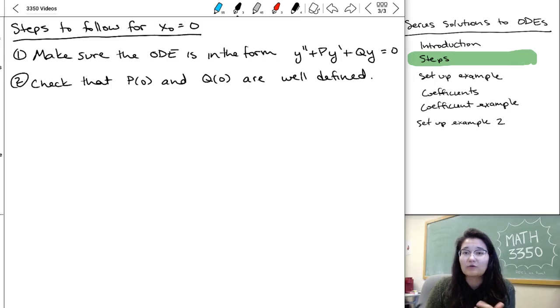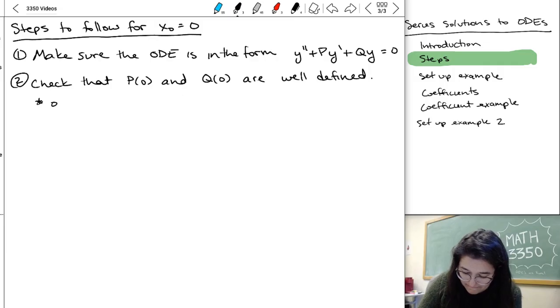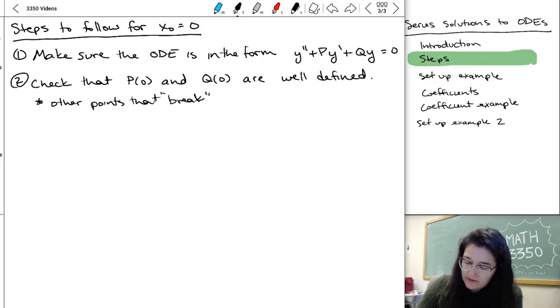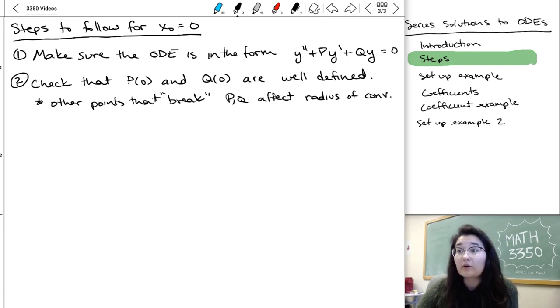It doesn't change whether or not we can do this process. So any other points that break p and q affect the radius of convergence, but you don't need to worry about it for setting up the problem.